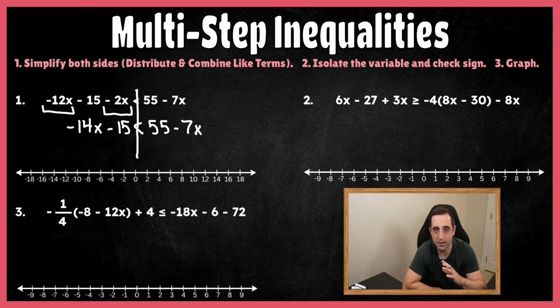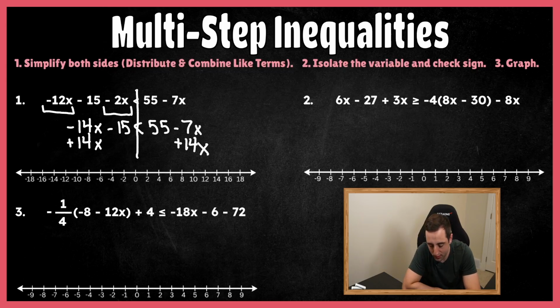But I always steer my students towards maybe trying to deal with a number that's positive instead of having to deal with a negative. So how could I go about getting the coefficient, or the number in front of the variable, to be positive? Do I add 14x over to the other side, or do I add 7x over to the other side? And in this case, to deal with a positive coefficient, we're going to add 14x to both sides.